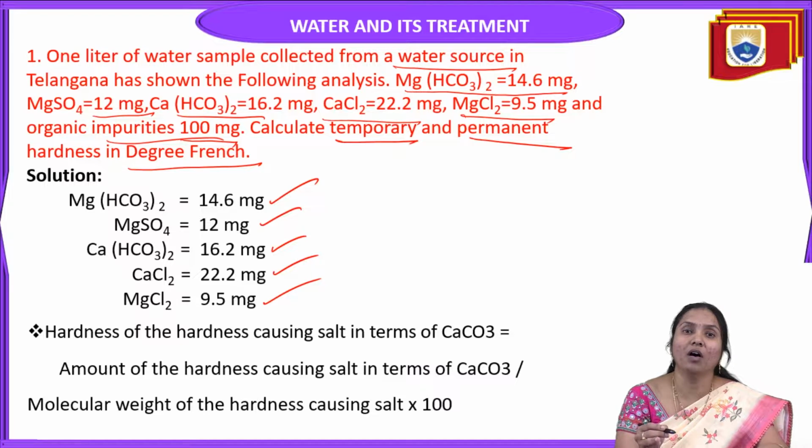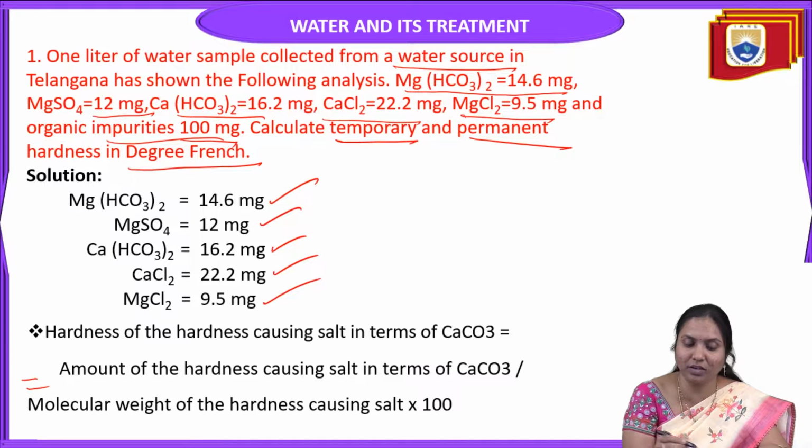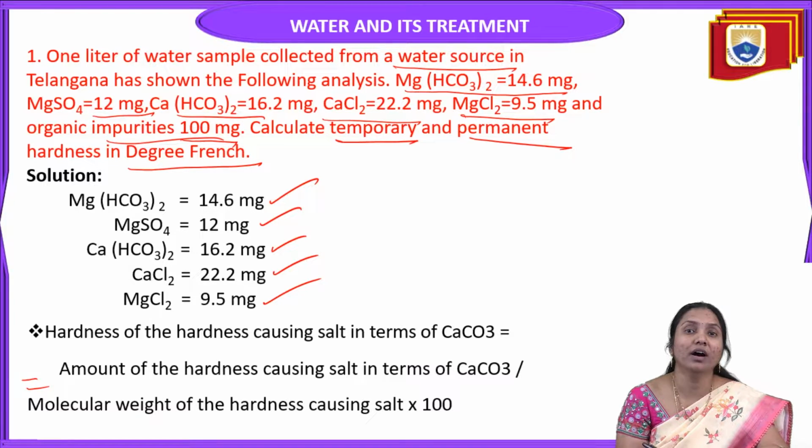Now all the hardness causing salts given in the data are converted into equivalents of CaCO3. How can we convert a hardness causing salt into CaCO3 equivalent? It is equal to the amount of hardness causing salt divided by the molecular weight of hardness causing salt, multiplied by 100. Why are we converting all the hardness causing salts into CaCO3 equivalent?